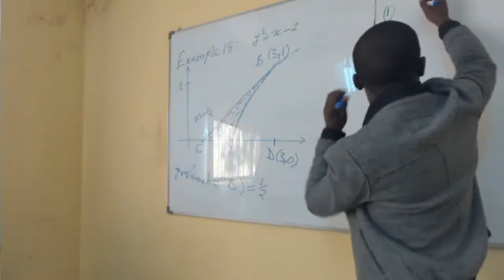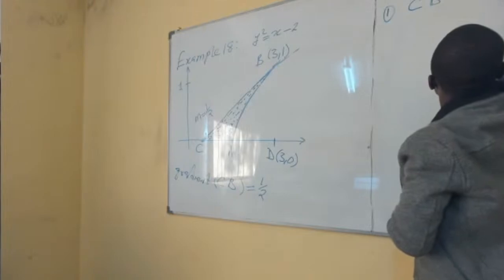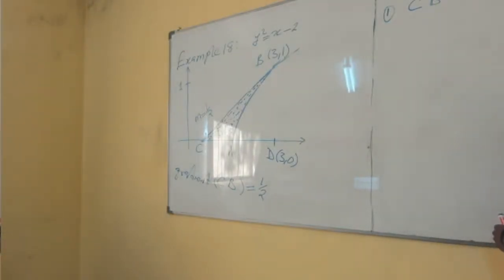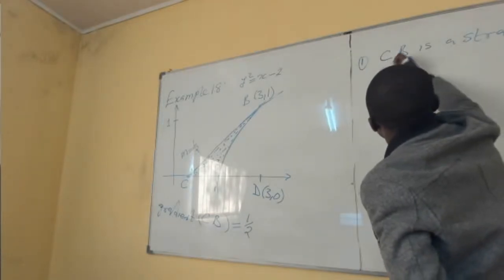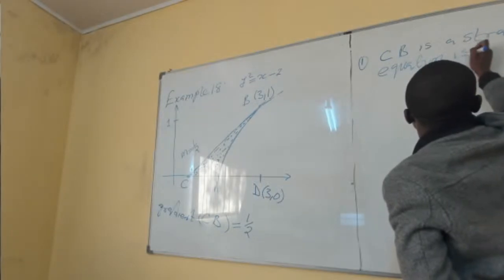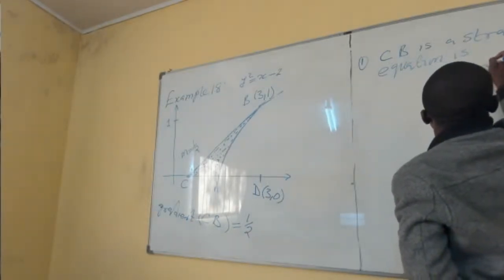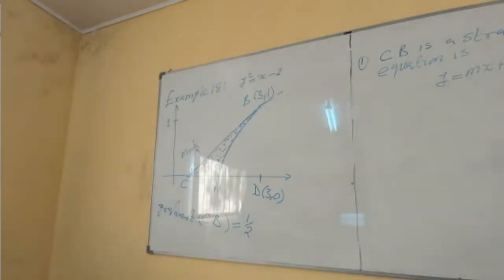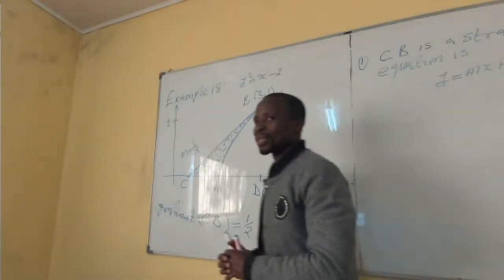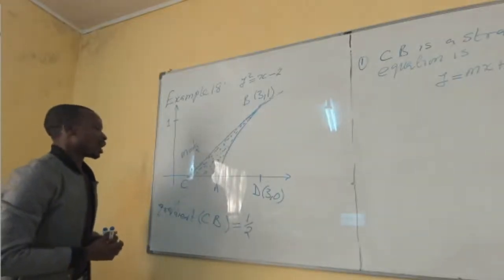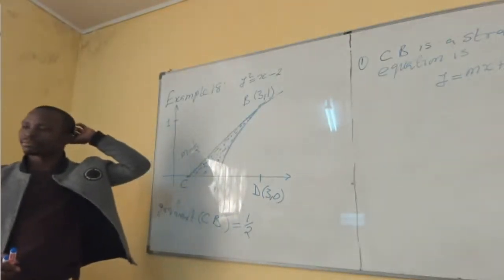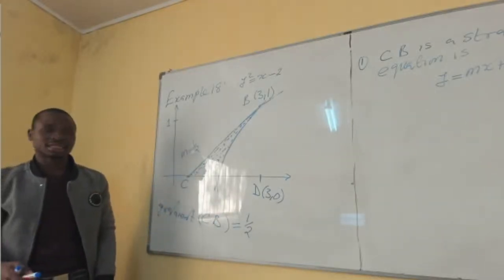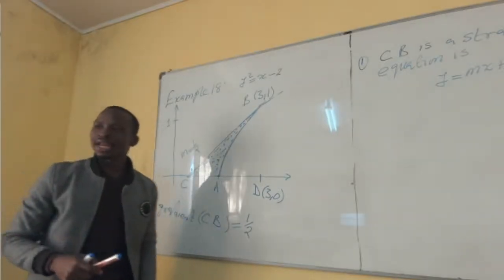Since CB is a tangent, and a tangent to a curve is a straight line, its equation is given by the formula y equals mx plus c, where c is the point where it meets the y-axis, and m is the gradient.